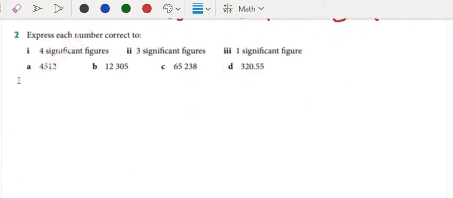So for A, subdivision 1, 4512 is the answer.